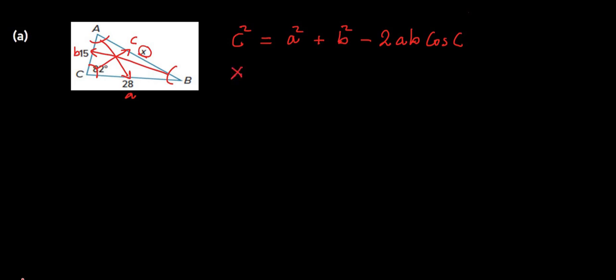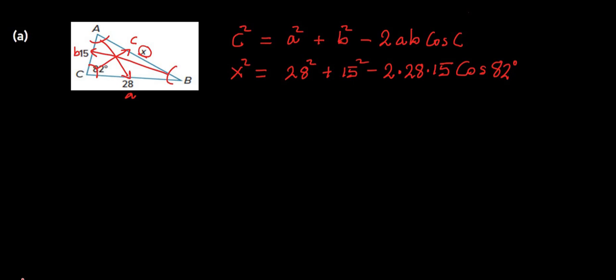So we change this to x squared equals a is 28, so 28 squared plus b is 15, so 15 squared, minus 2 times 28 times 15 times cos 82 degrees, because the uppercase C is 82.